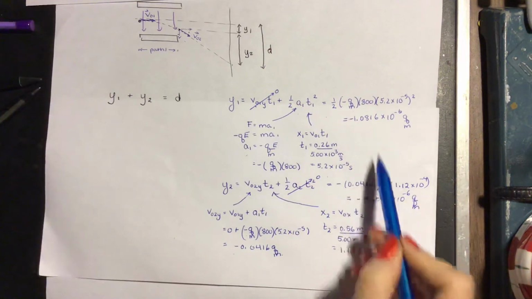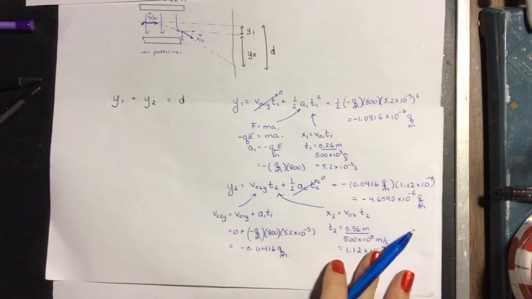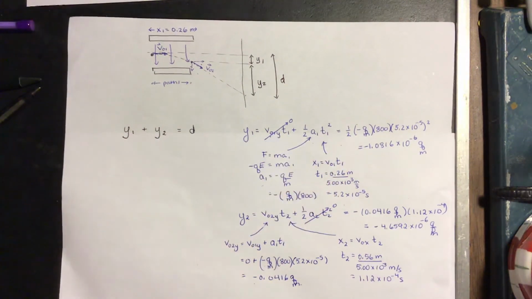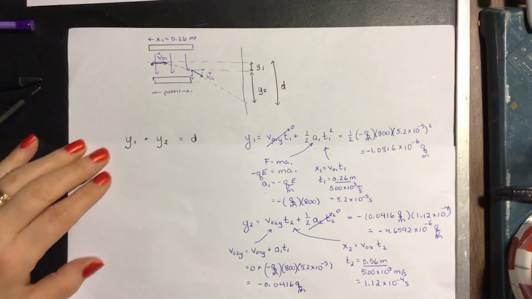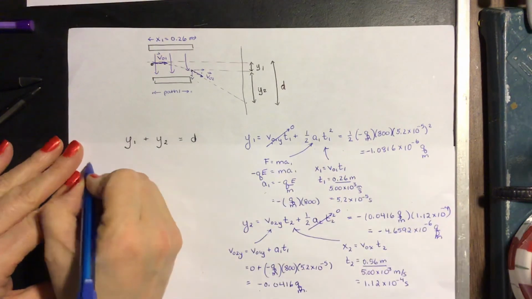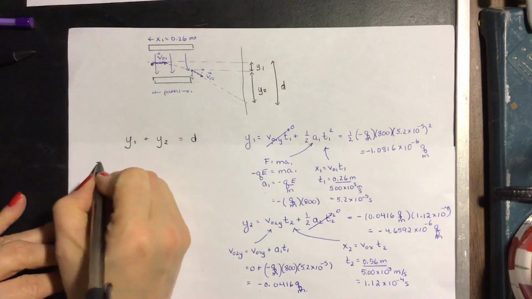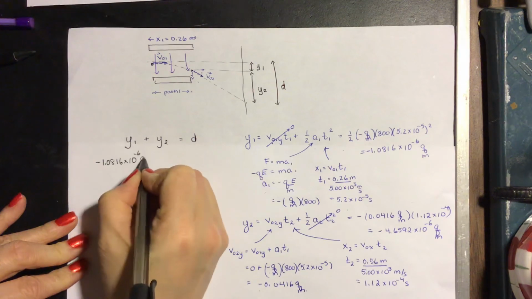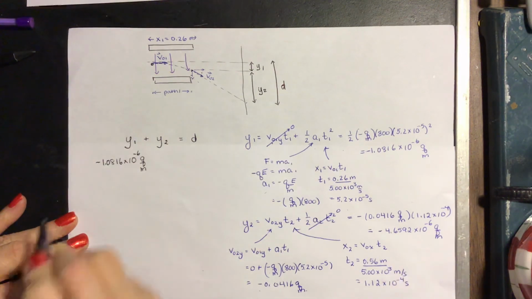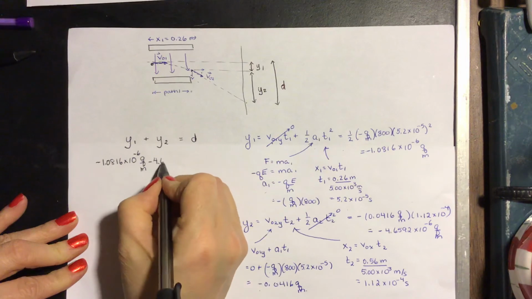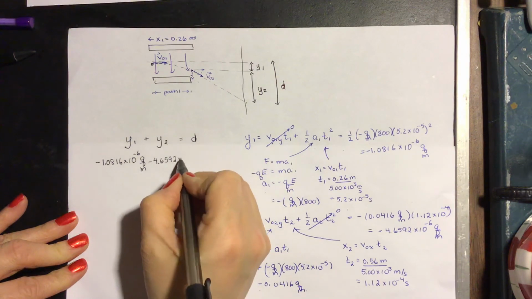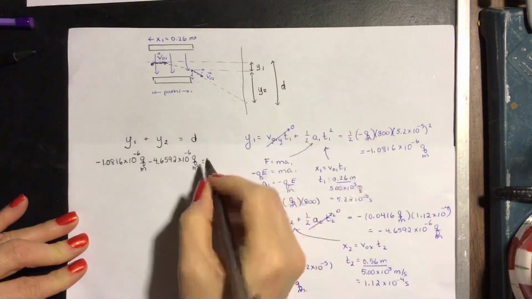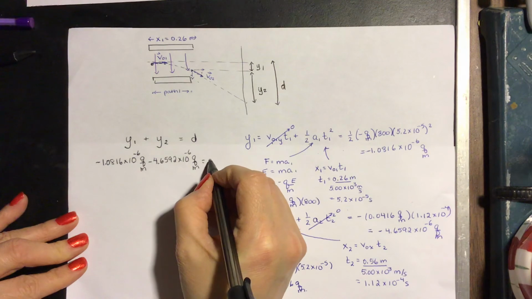Here in this problem I'm keeping some extra sig figs because I don't want to round ourselves out of the answer. So now let's put y1 and y2 in over here. So y1 is minus 1.0816 times 10 to the minus 6 times q over m, plus y2, minus 4.6592 times 10 to the minus 6, equals the distance d that it goes down, it's negative, minus 1.25 centimeters.